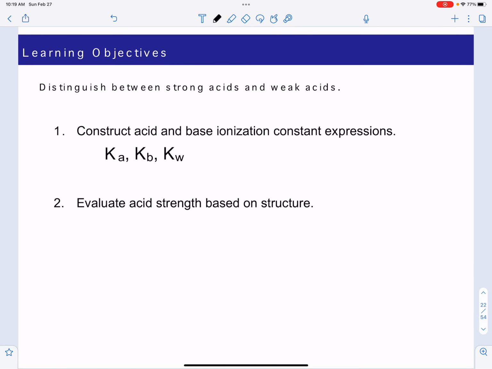And with that said, now you understand how to take an acid and write a balanced equation with water, showing the ionization process, and then you can do the Ka. You can do the same thing with a base because water is amphoteric and it can take or give, right? And now you saw where the Kw is coming from.